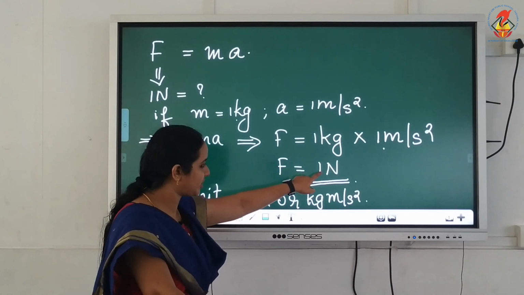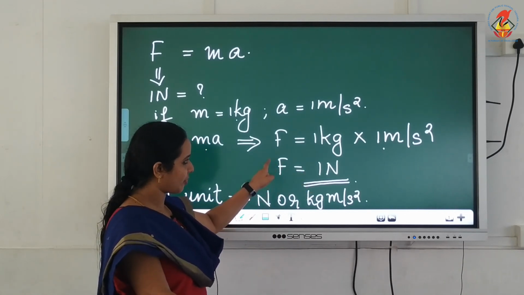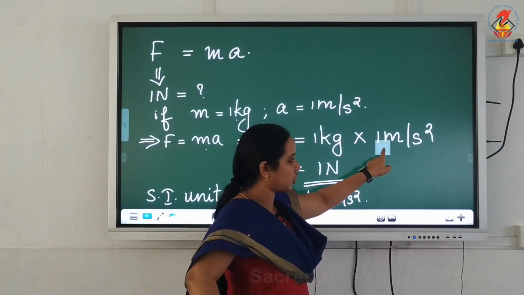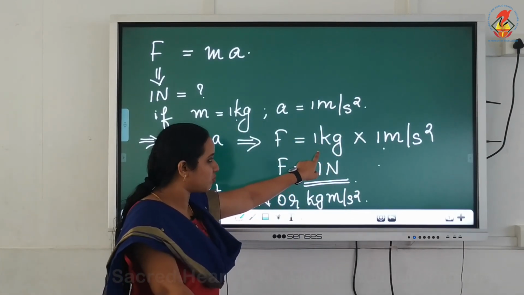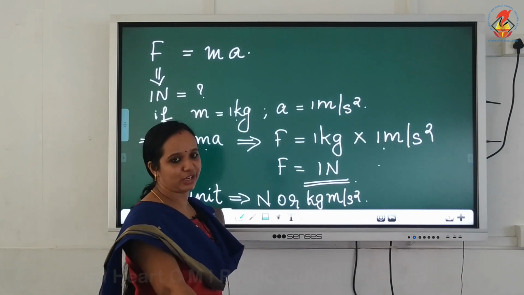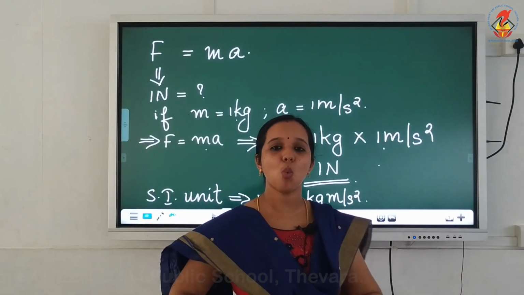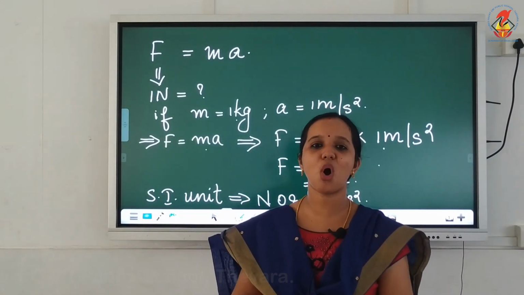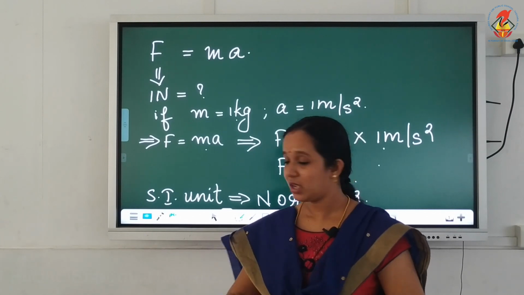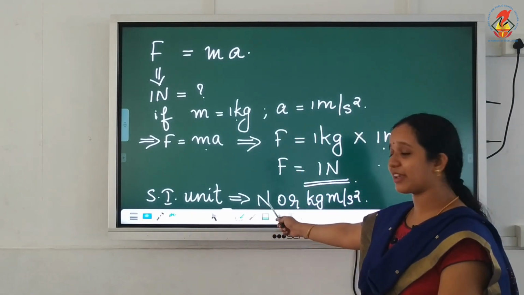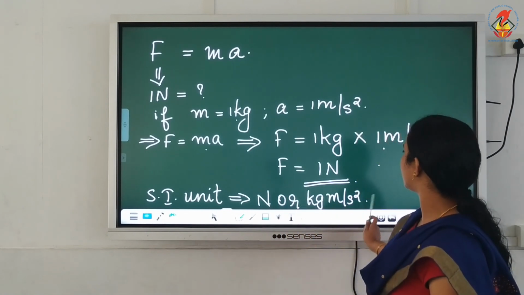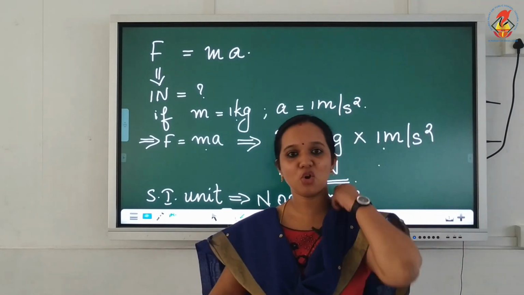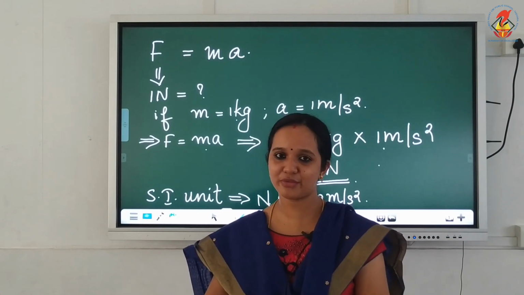So 1 Newton is the force that produces an acceleration of 1 meter per second square in an object of mass 1 kilogram. This is how you define 1 unit of force or 1 Newton. And the SI unit of force is either Newton or kilogram meter per second square. Hope this much is clear for everyone.